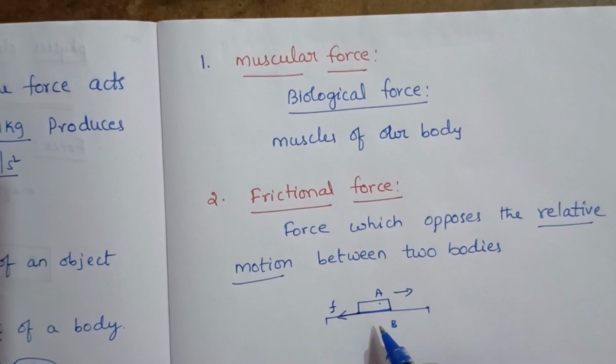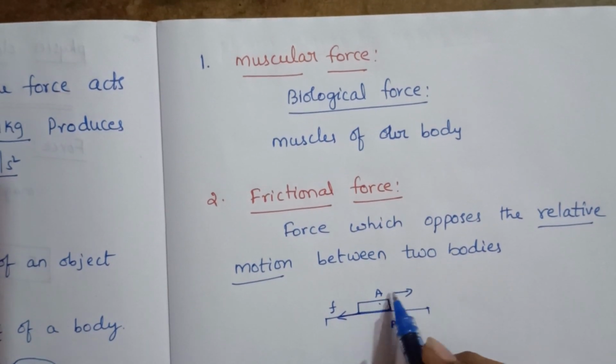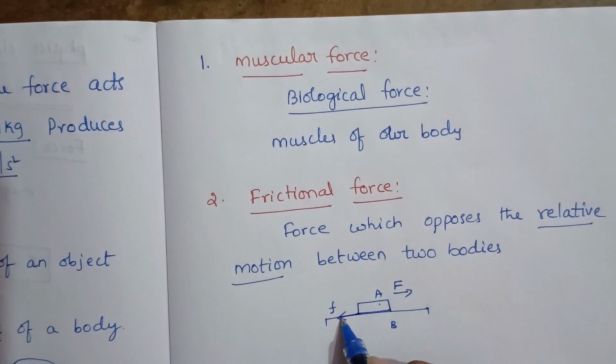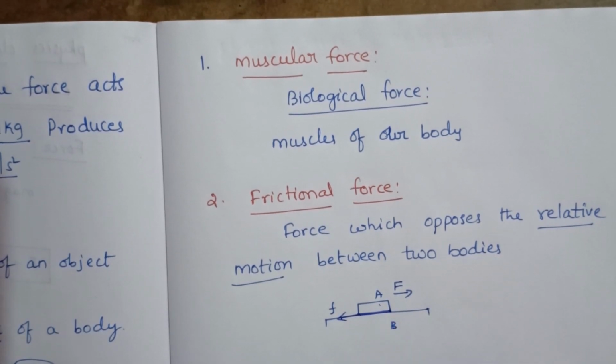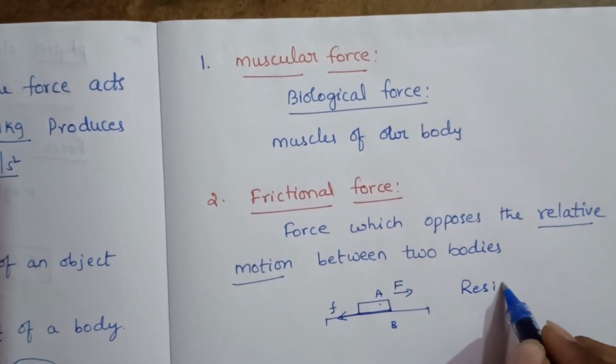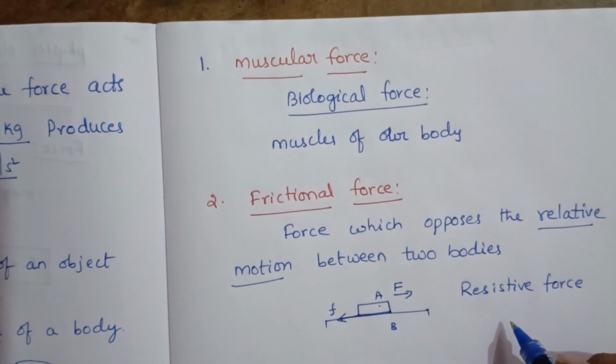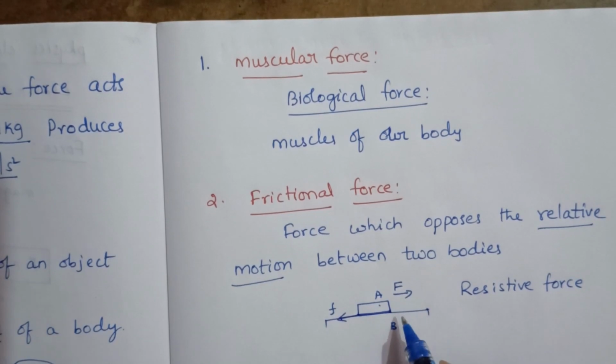That is frictional force. It tries to oppose the relative motion between these two bodies. Whenever we apply force in this direction, frictional force acts in the opposite direction to oppose the motion of the body. Frictional force is also known as resistive force or resistance force, which acts opposite to the direction of motion.